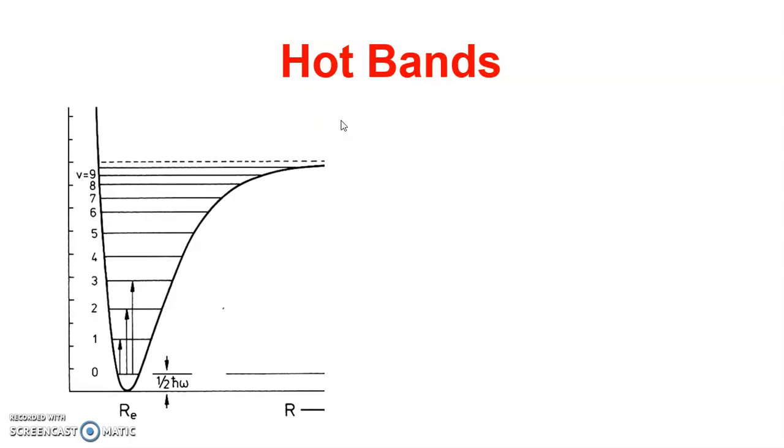That is, if we are recording the spectrum at a higher temperature, the sample will be at a higher temperature, and the population of the first energy level will become appreciable. As the molecules in the ground state get enough energy to excite, there will be an appreciable population in the first state, and then weak absorptions may arise from the first level to higher states.